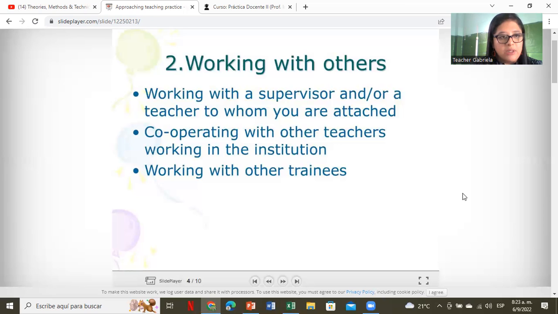Got it? Yes? So if you don't feel comfortable with your co-workers, what will be your result? You will always be working under pressure, getting mad, arguing about everything, always in a negative way. So working with others, teaching practice is not just based on students, guys.